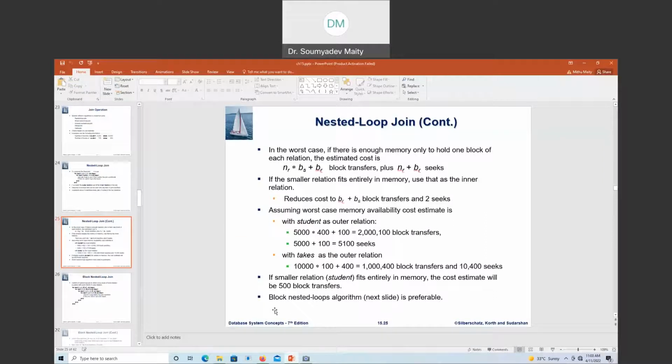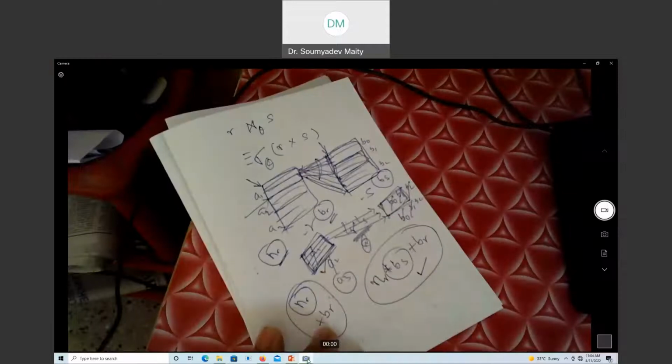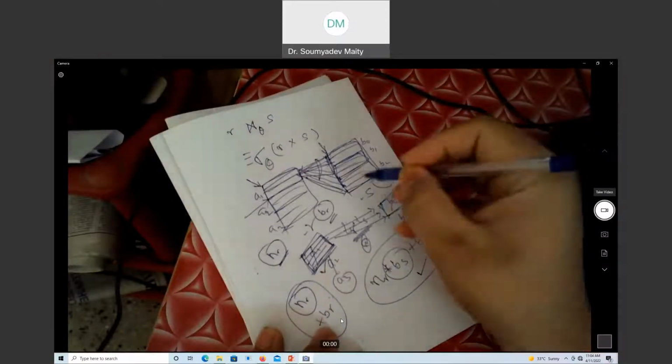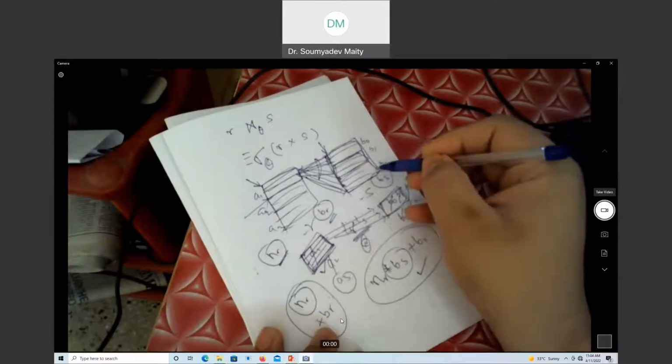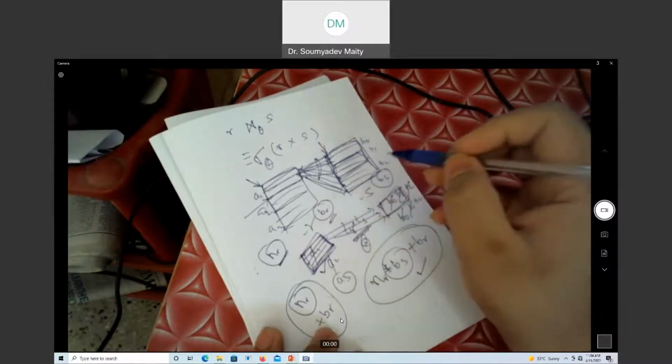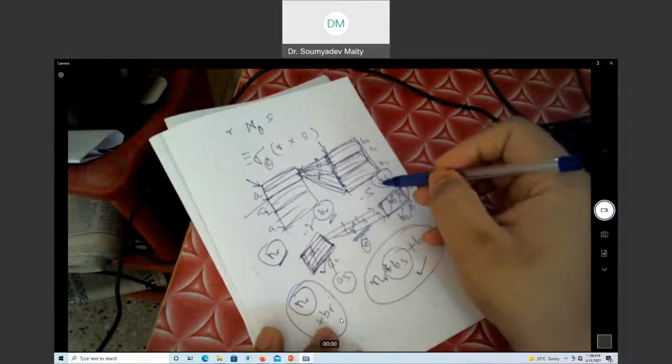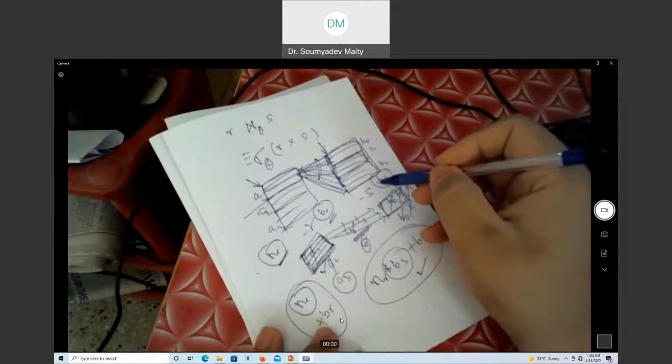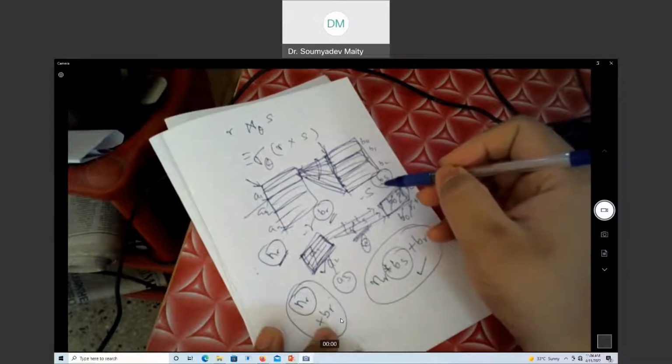Now let us consider the best case scenario. The best case is that one of the relations, which we put as the inner relation, is so small that it can be accommodated in only a few blocks, 2 or 3 blocks.